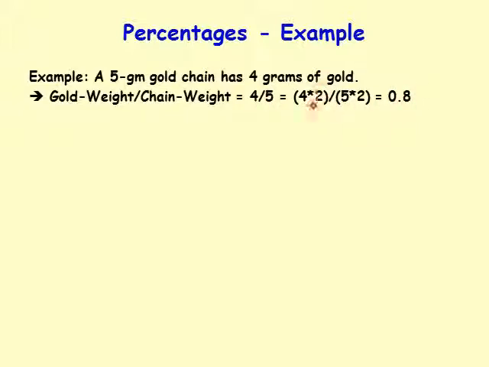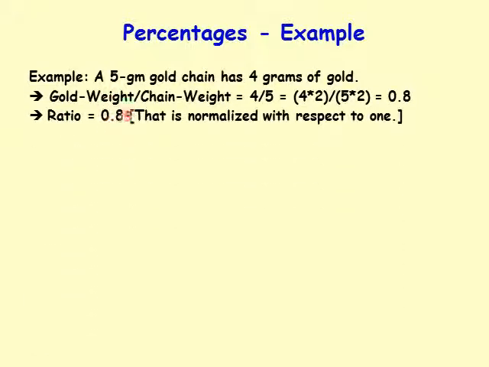I multiplied by 2 and also divided by 2, and this lets me divide by 10, which is easier. 4 times 2 is 8, and divide by 10, move the decimal 1 place to the left. So 4 divided by 5 is 0.8, and you can use this trick of multiplying and dividing by 2 to get a denominator of 10, which is easier to divide by.